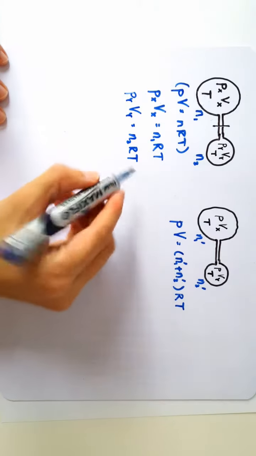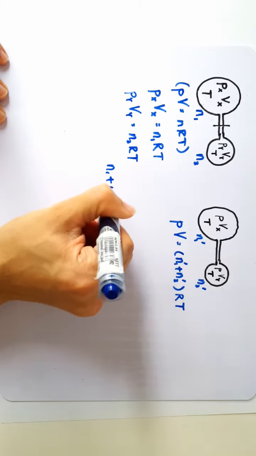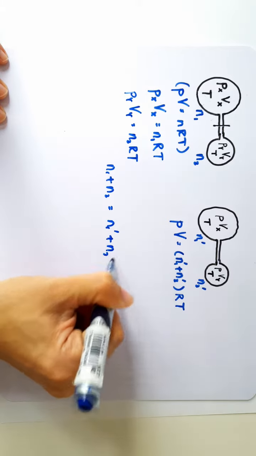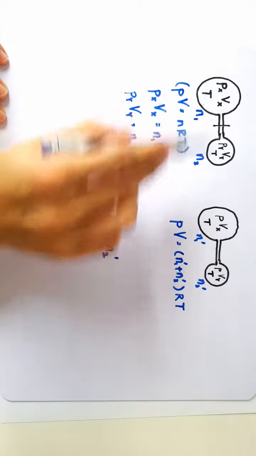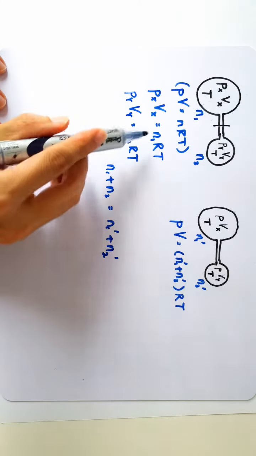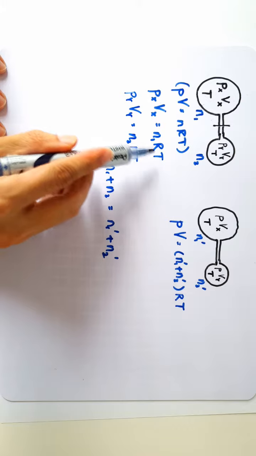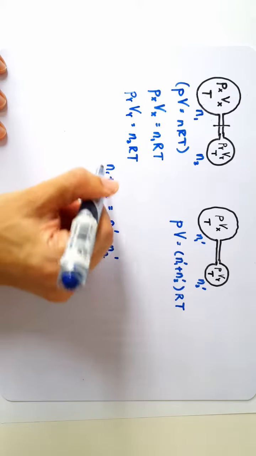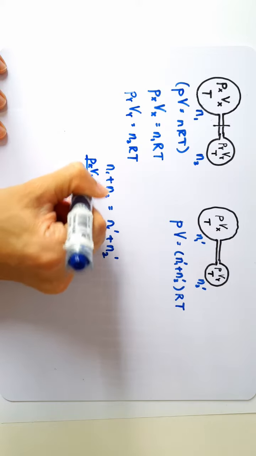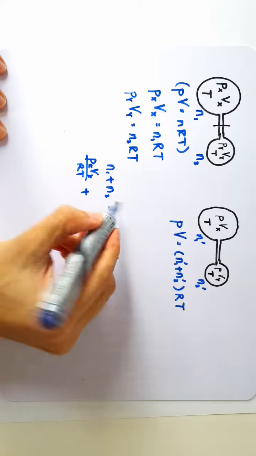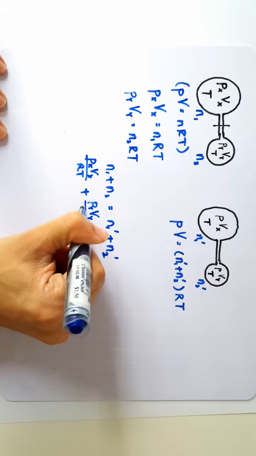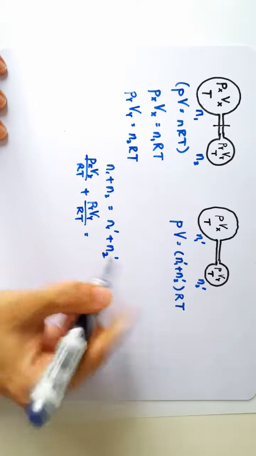Of course, we know that the total amount of gases shouldn't change. Some gas may go from one to the other, but the total amount should be the same. So from the left side, we can write N1 to be Px Vx over RT, whereas N2 we can write as Py Vy over RT as well.